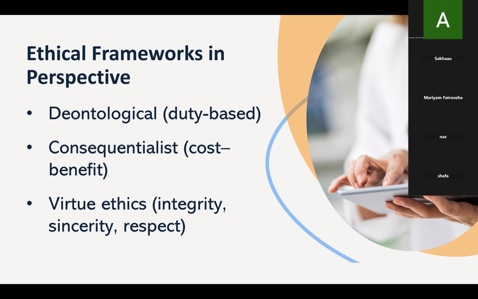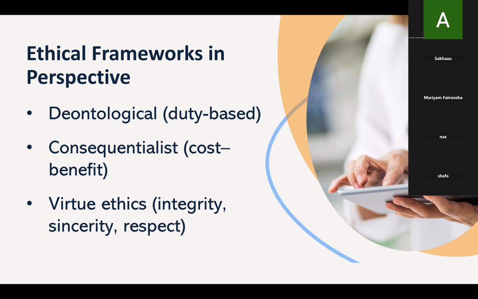In the case of consequentialist frameworks, you weigh cost versus benefit.